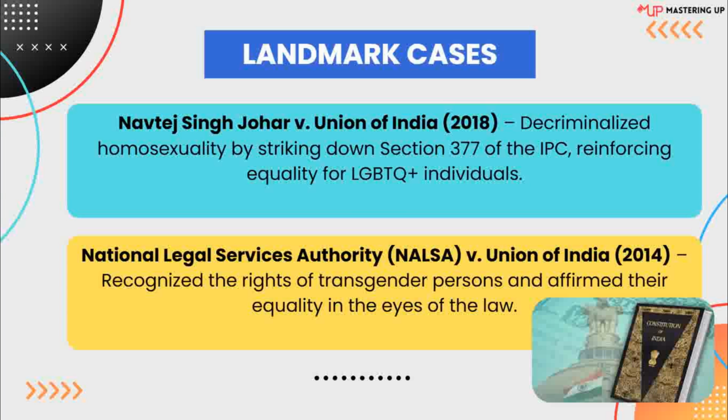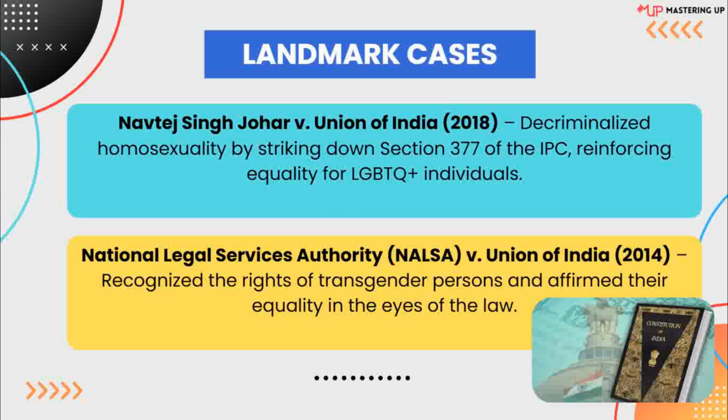Now, National Legal Services Authority versus Union of India in 2014. The case was filed to seek legal recognition and protection of the rights of transgender persons in India. The Supreme Court recognized transgender people as a third gender.